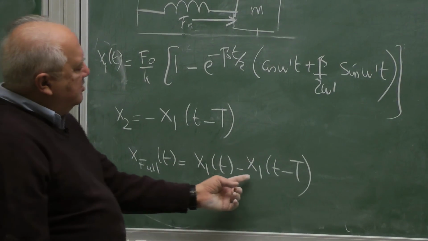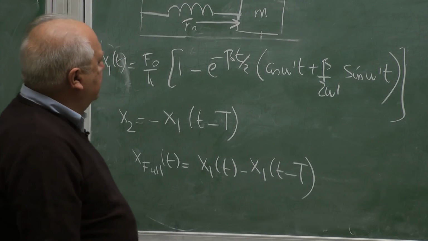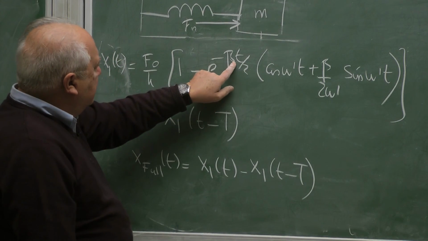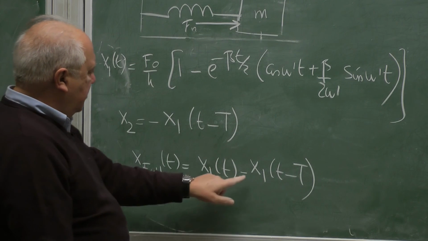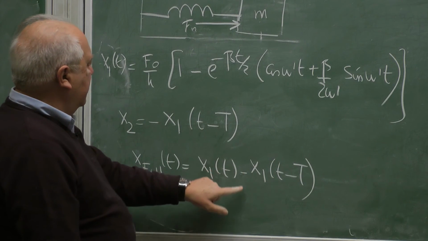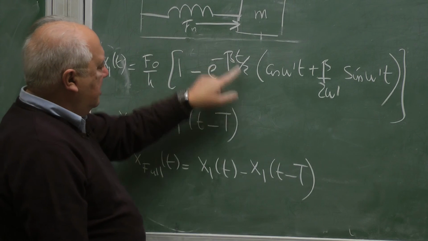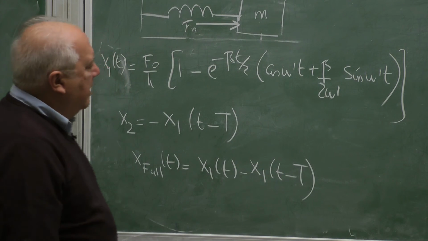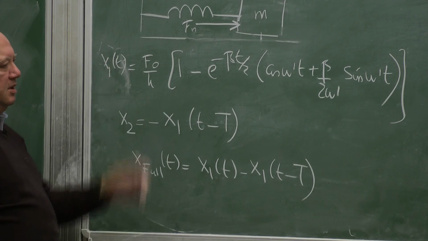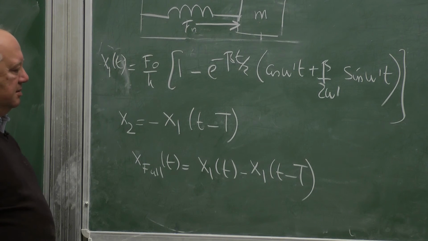I will not write it out because it's the same thing wherever you see it. The only difference is that here we get the minus, and wherever you see t, you put t minus t0. Okay? And then one can plot the solution.